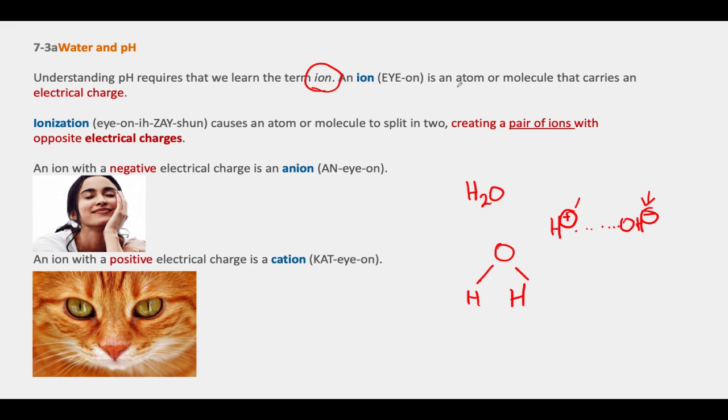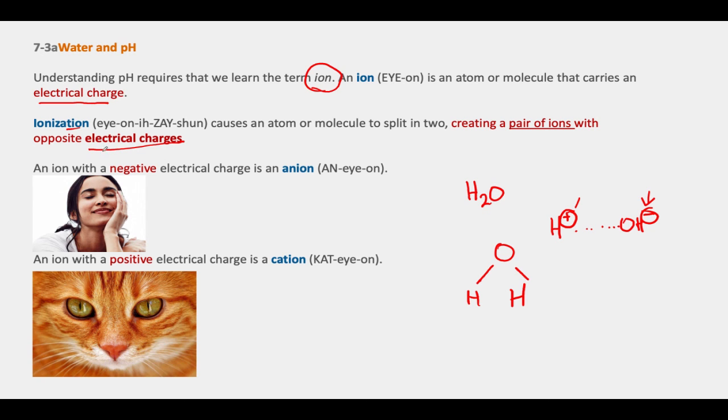So an ion is an atom or molecule that carries an electrical charge. Ionization causes the atom or molecule to split into two, creating a pair of ions with opposite electrical charges.